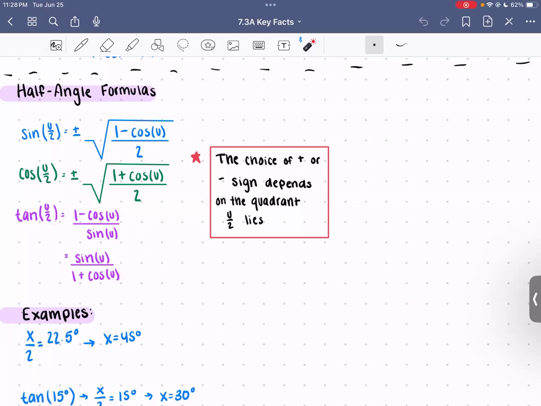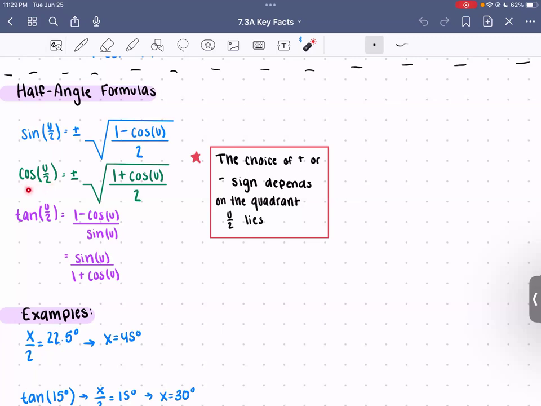So the choice of whether picking the plus or the minus in front of your answer depends on the quadrant that our half angle is going to lie in. So if our half angle, let's say, was 75 degrees, you would pick the plus because 75 degrees is in quadrant 1. And remember, all trigonometric functions are positive in quadrant 1.